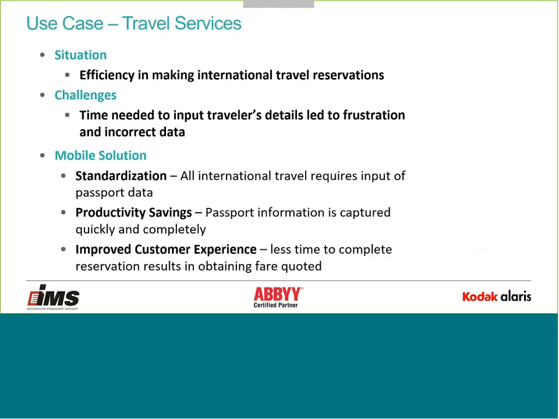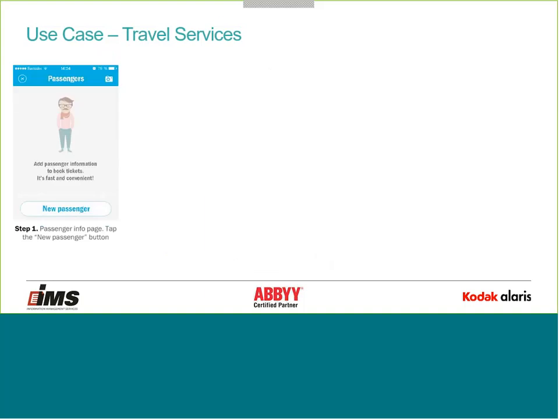And finally, there's the improved customer experience, because I'm on a site, I see a flight I want, and it's not a painful task for me to book that flight and to put all my information in a quick and efficient manner. So as an example, here's kind of pictorially how this application works.